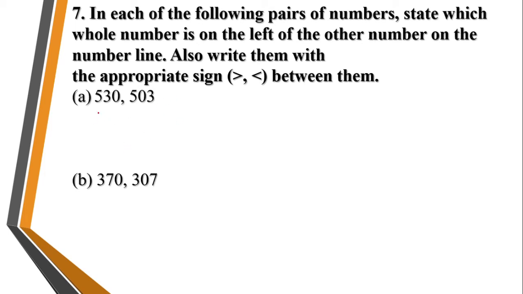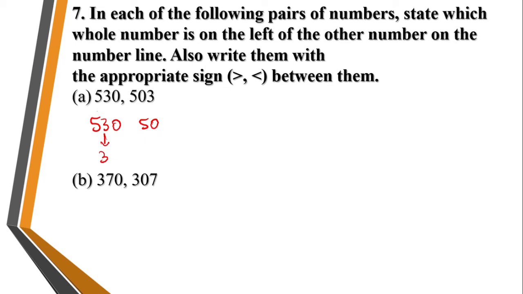Now, we have 530 and 503. Now here, first to compare them, first we should check the digits. So in the first number we have 1, 2, 3. So in the first number we have 3 digits. And in the second number we have 1, 2, 3.